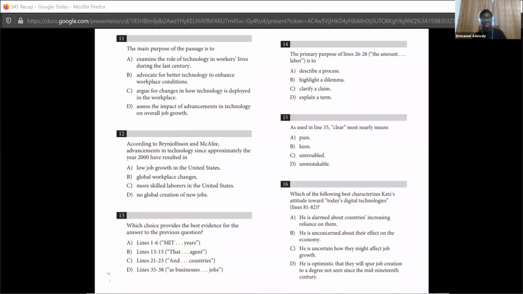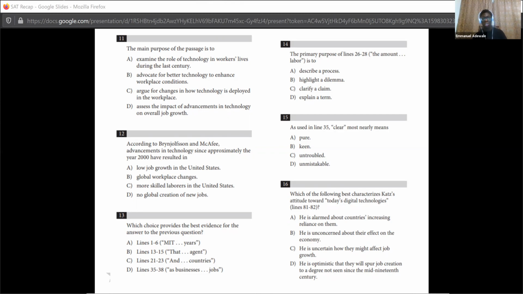C, he is uncertain how they might affect job growth. Or D, he is optimistic that they will spur job creation to a degree not seen since the mid 19th century. So, yeah, feel free to put your answers in the chat and or raise your hand to explain the details that you found to help you get to your answer.